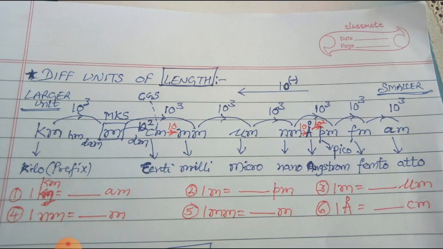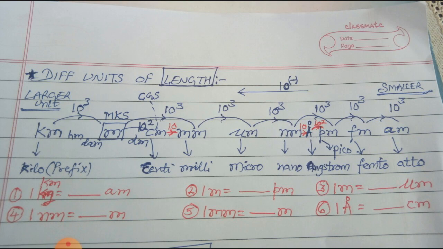Kilometer, then 1 kilometer equal to 10 raised to 3 meter, 1 km equal to 10 raised to 3 m. m stands for MKS unit, meter is the MKS unit of length. Then 1 meter equal to 10 raised to 3 millimeter.